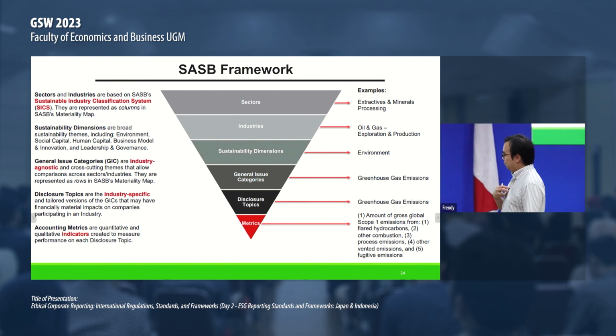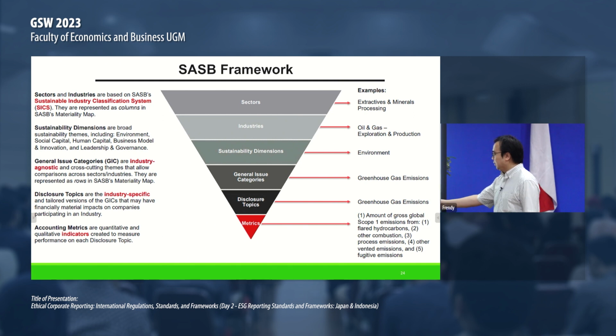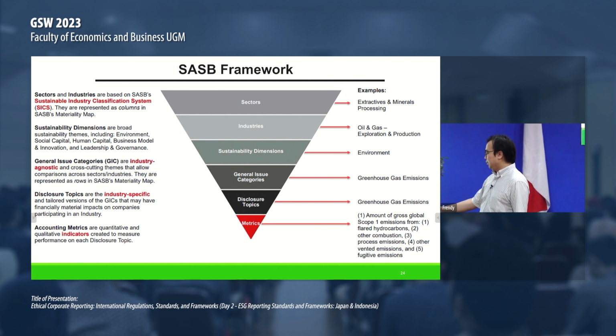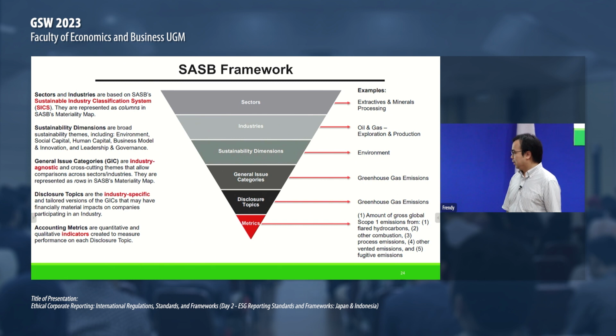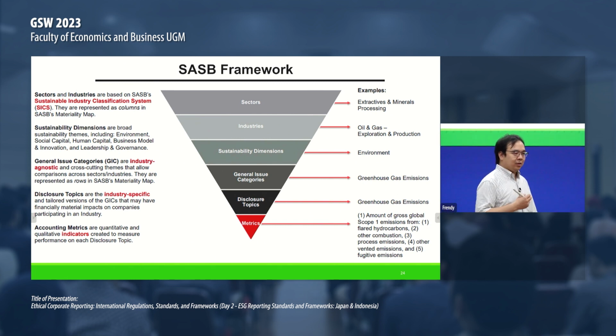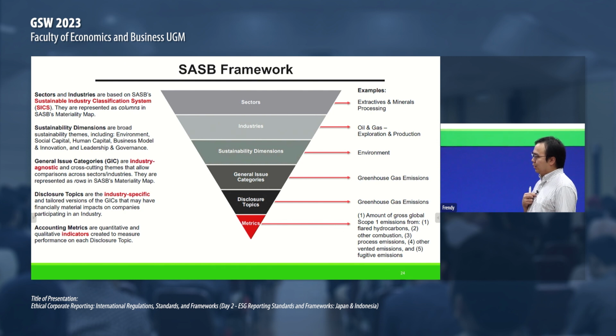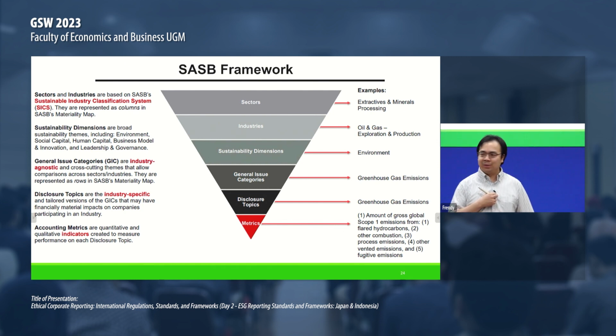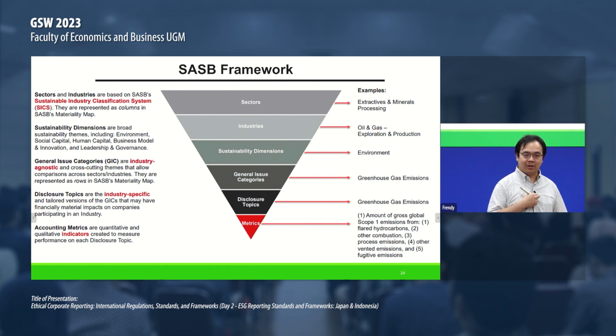And the answer is Scope 1, items 1, 2, 3, 4, 5. Okay? If you look at those items, flared hydrocarbons, other combustion, process emissions, vented emissions. This is pretty technical, okay?